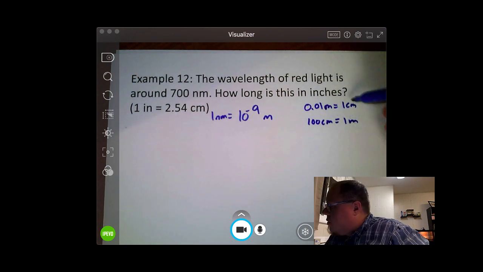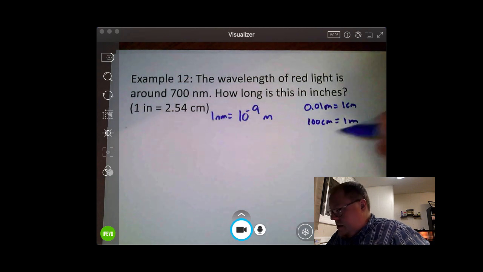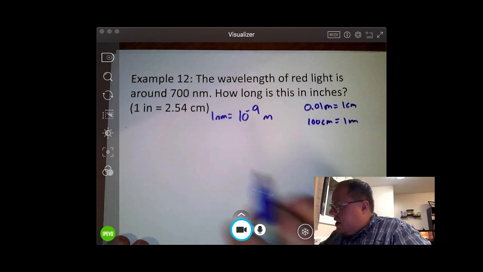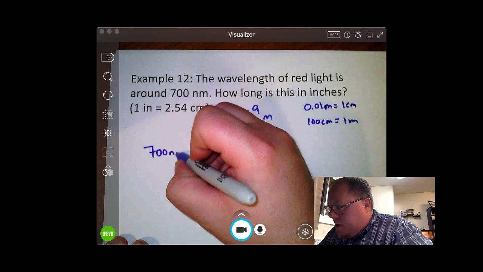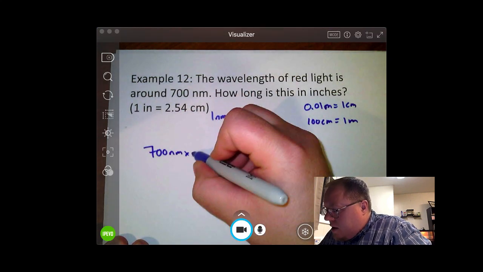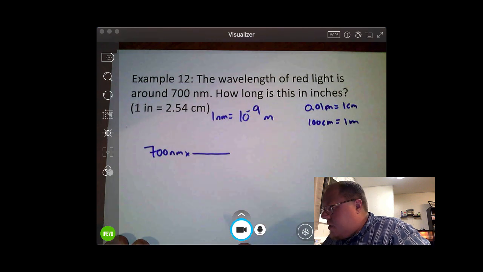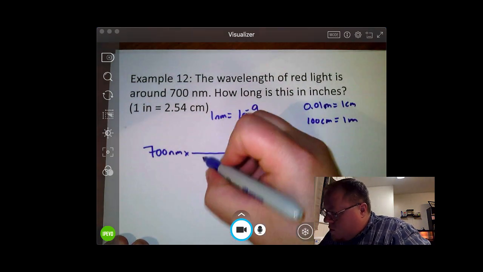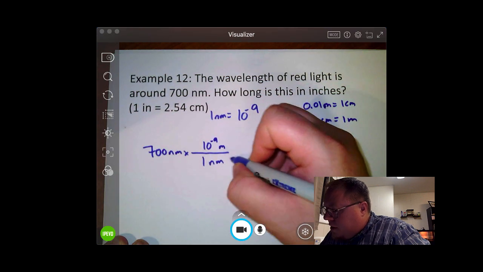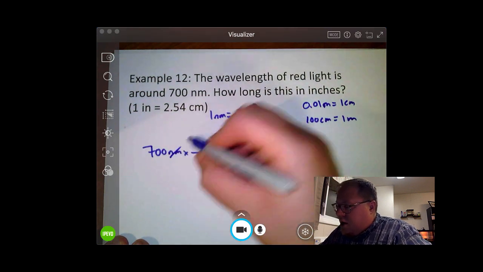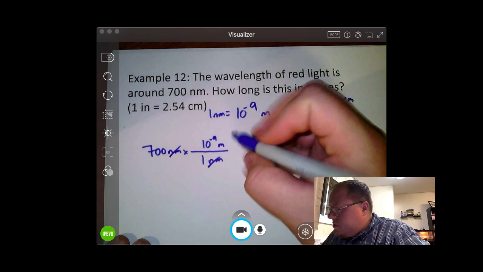Whichever one you use, these are both the same idea, right? So I'm going to take what I was given, 700 nanometers. Start with what you're given. And I want to get rid of that nanometer, so I'm going to put the 1 nanometer is equal to 10 to the power of -9 meters on top there. Nanometers divided by nanometers makes it go away.